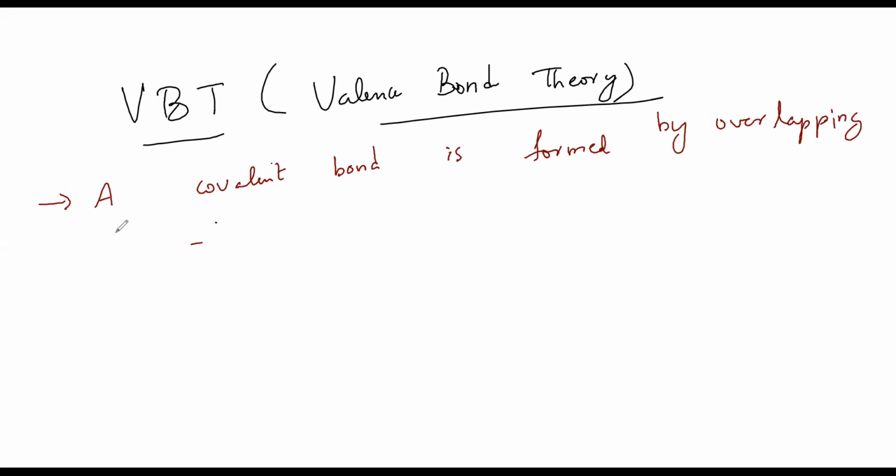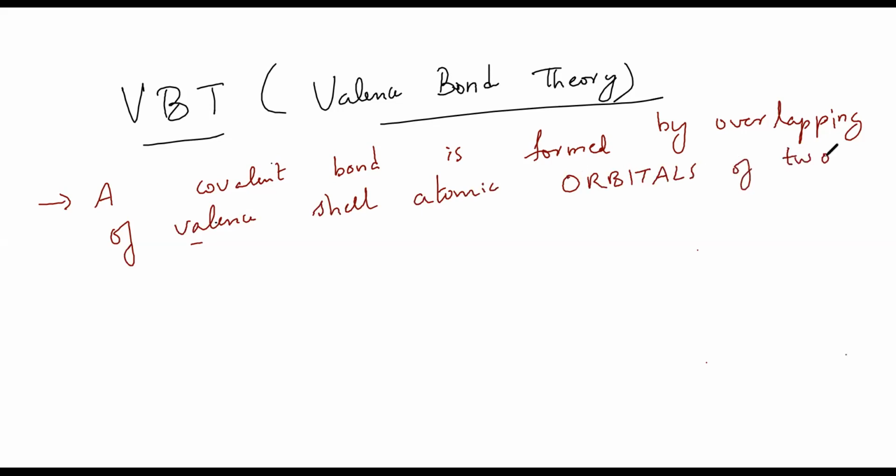Overlapping of valence shell atomic orbitals. I am not using orbits. I am using what? Orbitals. Very important. Of two atoms having unpaired electrons. Obviously, it should be unpaired. Common sense.